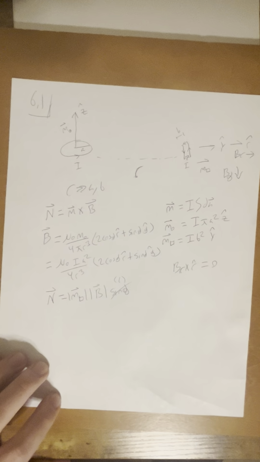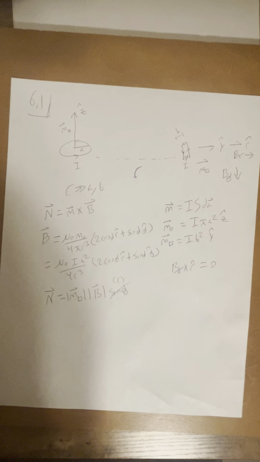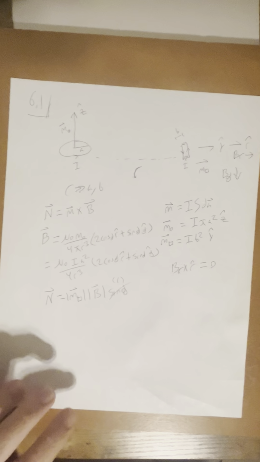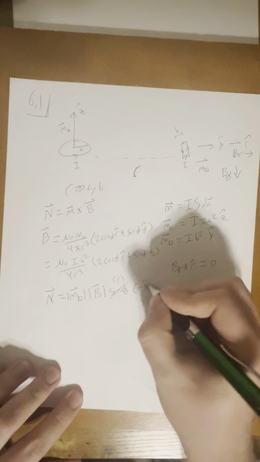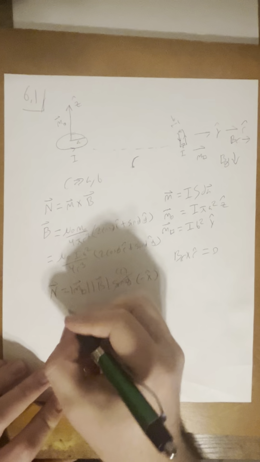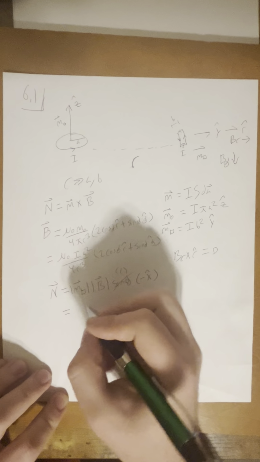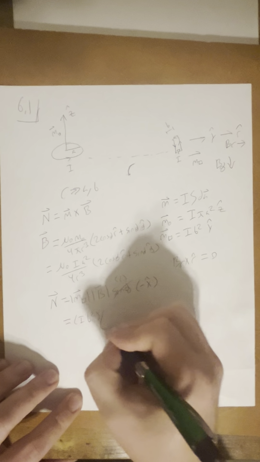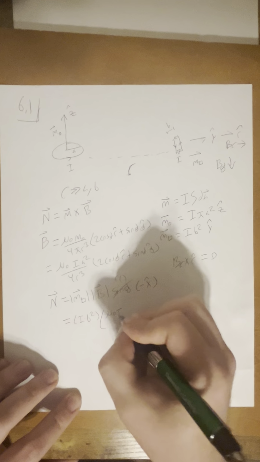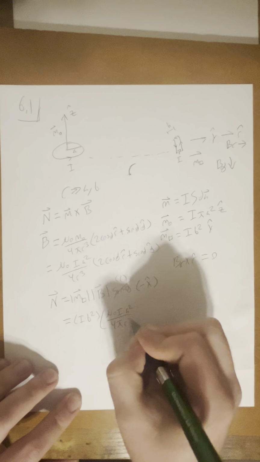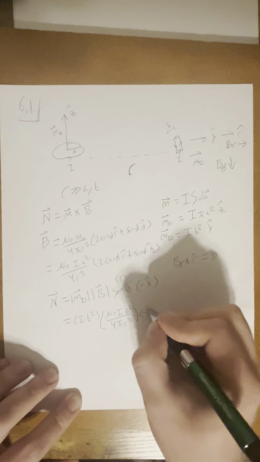And now we need to find the direction of our torque. We know M square is in the y hat direction, so y hat crossed with negative z hat will give us negative x hat. Now making our substitutions for the actual values, we get I b squared times mu naught I a squared over 4 pi r cubed in the negative x hat direction.